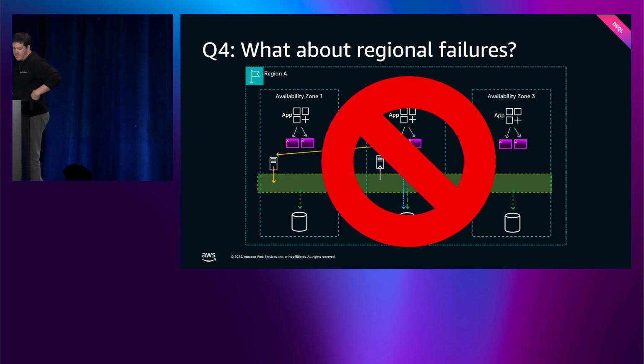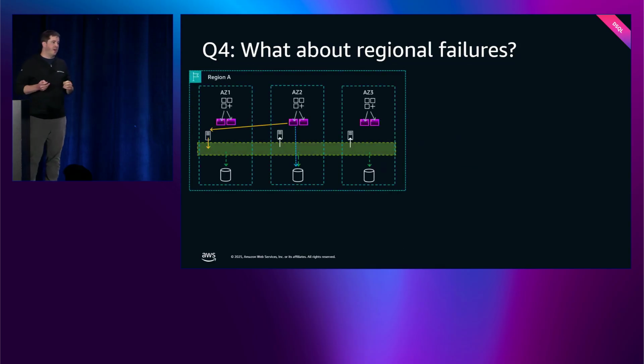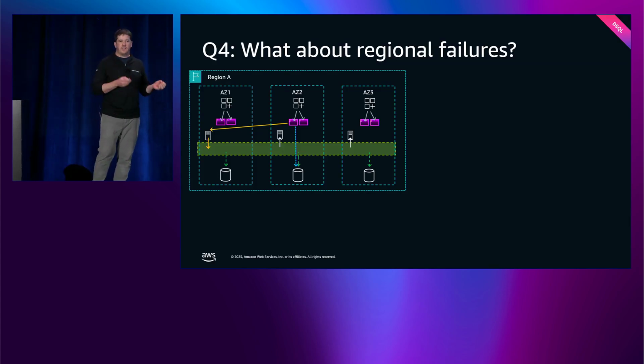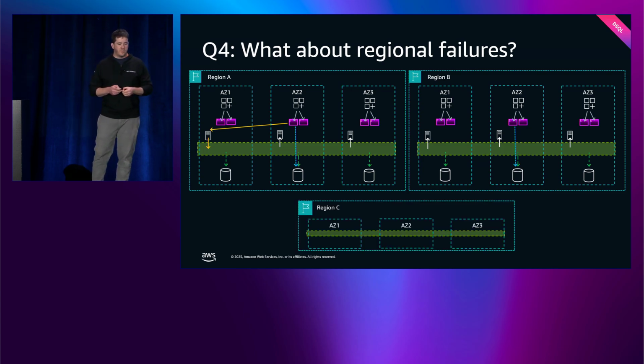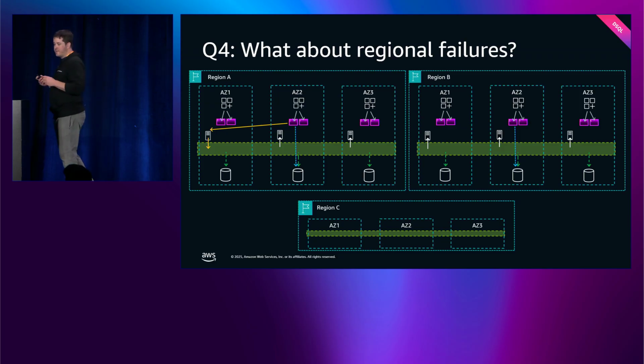Let's talk about regional failures. DSQL allows you to set up what we call a multi-region cluster, and the way you do this is you create a cluster in region A, a cluster in region B, and then you designate a third region as the witness region. Now you'll notice the witness region doesn't have any storage boxes, it doesn't have any QPs in it, it doesn't have your application in it.